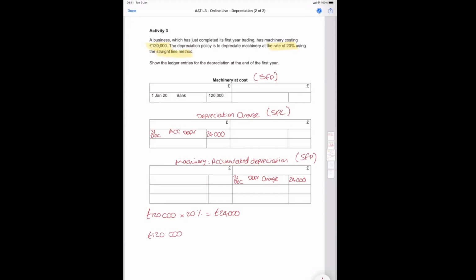We've charged £24,000 in depreciation, which means the difference will be £96,000, and that is the net value of the asset. Okay, and that's the purpose of having this account. It will offset against the asset at cost account.